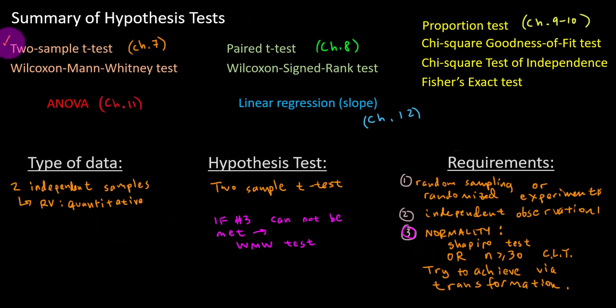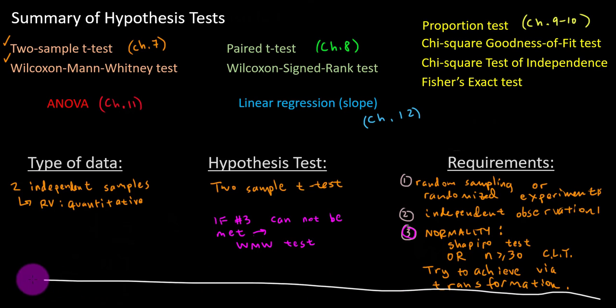Okay, so check mark, check mark. Let's move on to a brief sum up from Chapter 8. I'm going to refer to these requirements labeled 1, 2, and 3, so I don't have to rewrite them all the time, just so you know. Okay, so paired t-test and the Wilcoxon Signed Rank test.